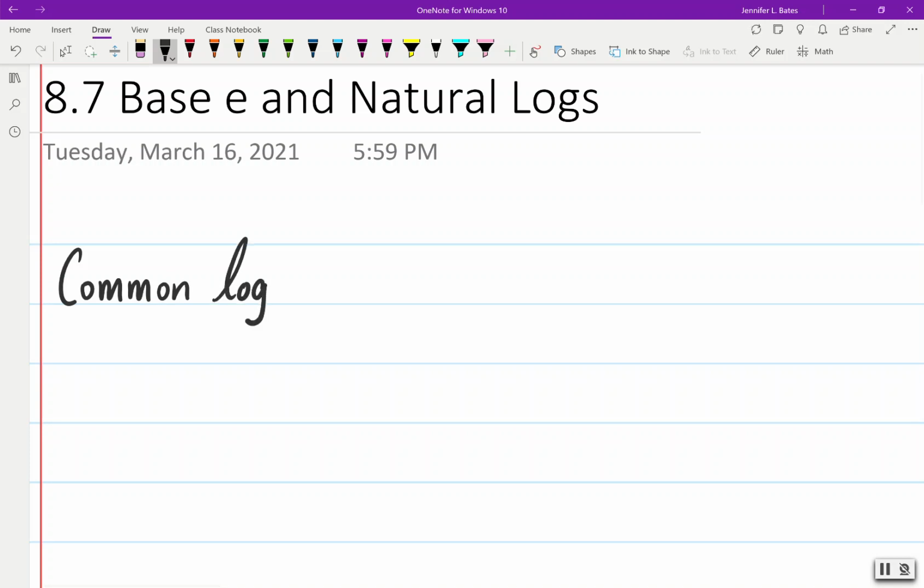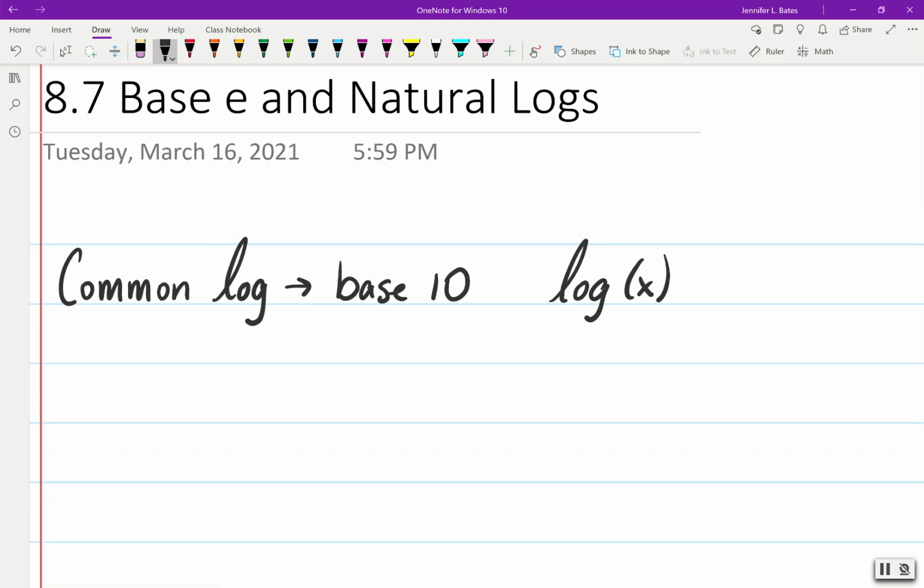And the common log we said is base 10, but it's written as log of x. Okay, so we said that we assume if we see log of x and there's no base written, we assume it's base 10. Just like when we see a radical with no index number, we assume it's a square root.